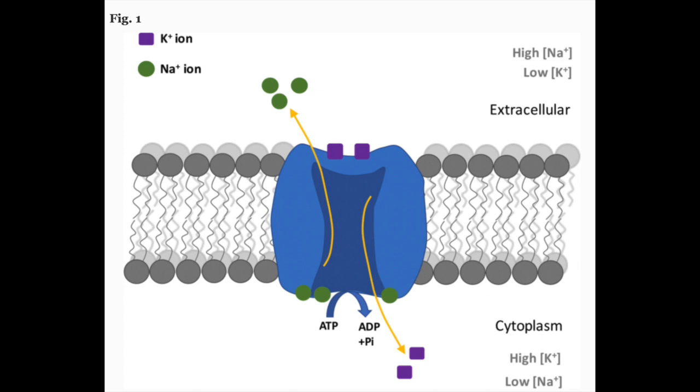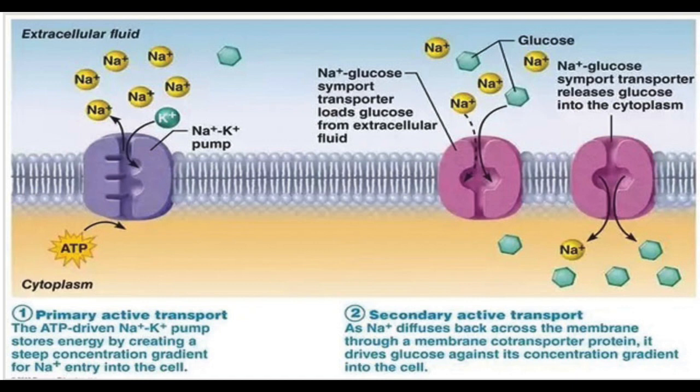This pump uses energy, which is ATP, to push 3 sodium ions out and 2 potassium ions back into the cell to restore the cell concentration. Now, because of the use of ATP, this is also an example of primary active transport. This is where energy is directly used to move a molecule against the concentration gradient, or electrical gradient.